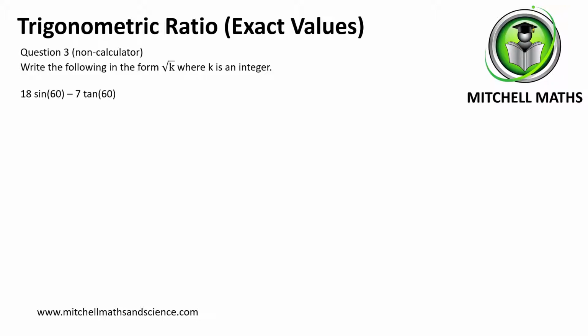In this next question, it wants us to give it in the form of root k. And we've got 18 sine 60 minus 7 tan 60. They're both special values, so again it'll be a non-calculator question. Sine 60 is opposite over hypotenuse, which is root 3 over 2.